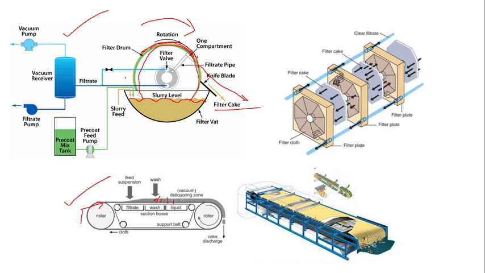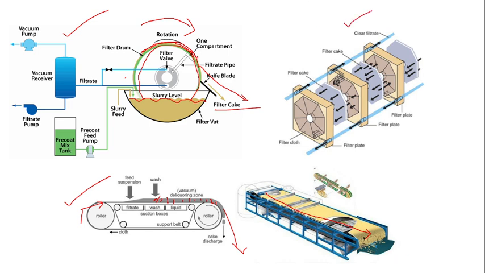Cake is nothing but the retentate which is not allowed to pass through the filter. This cake will be discharged at the other end. This is what happens in this horizontal belt filter. Okay, clear water is separated and the solids are removed at the other end.